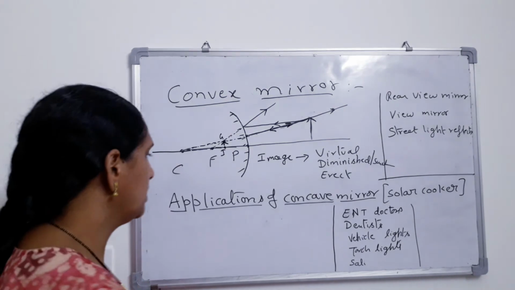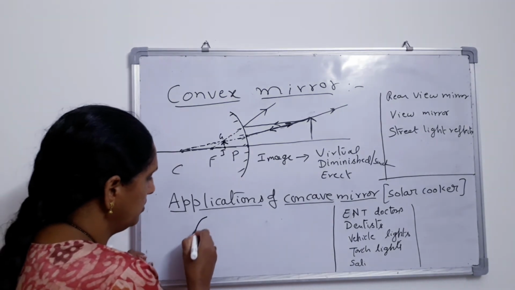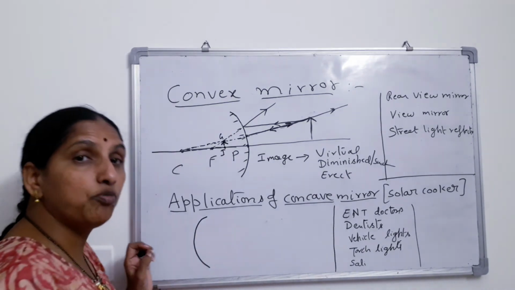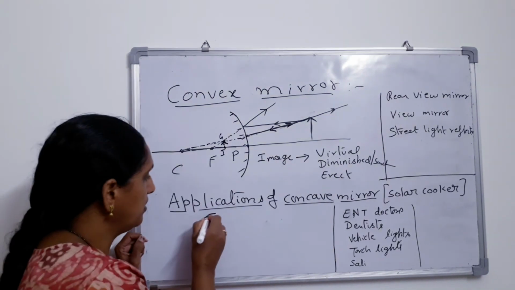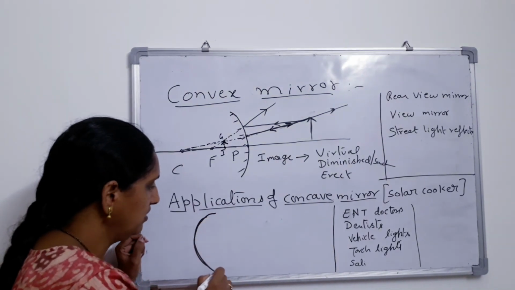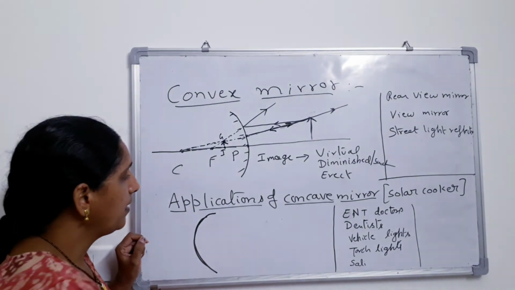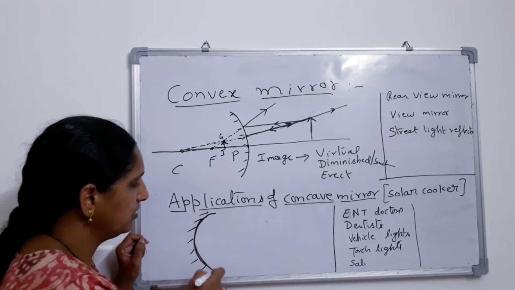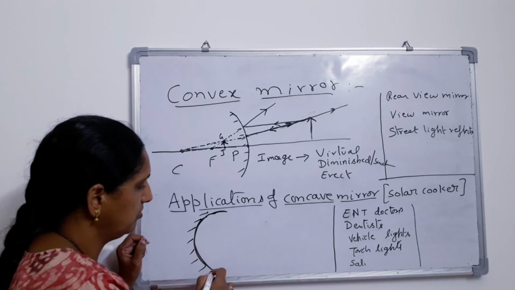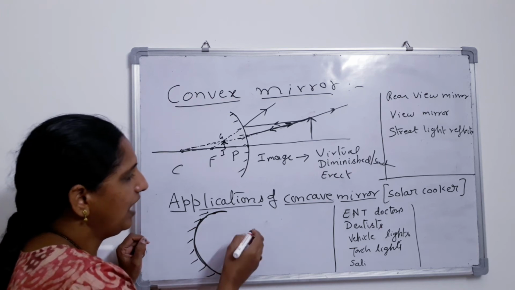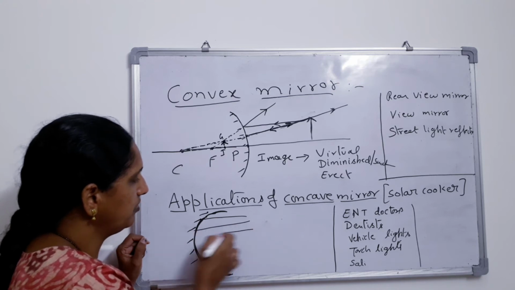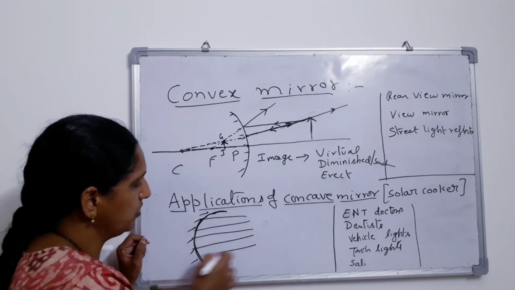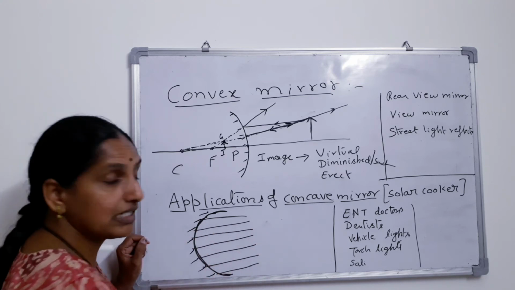Take this one: very highly polished, highly reflecting surfaces are fixed inside the concave mirror. This is a silvered surface. The rays fall on it parallel to the principal axis.